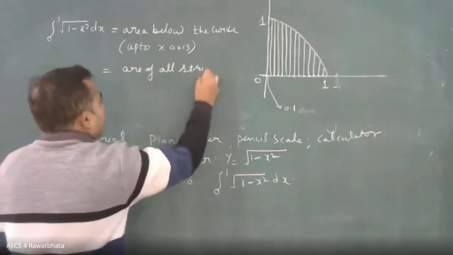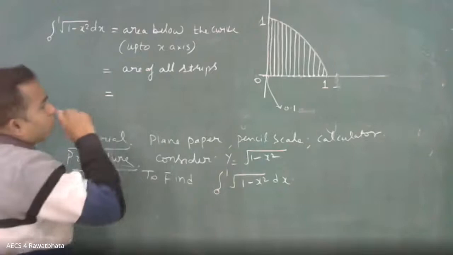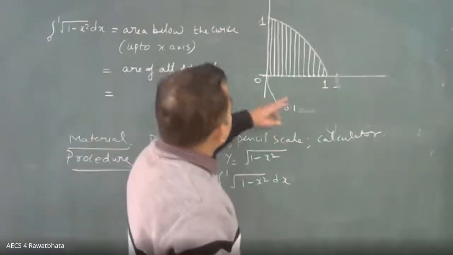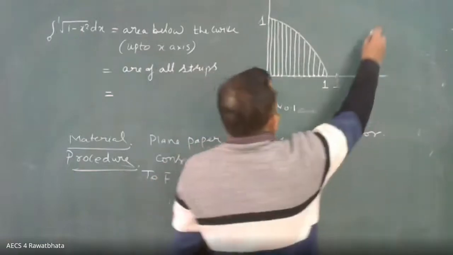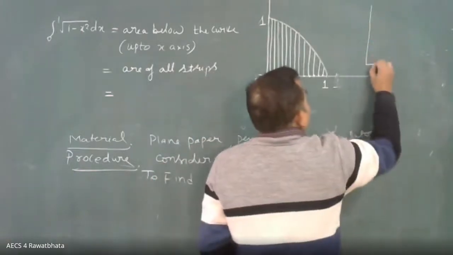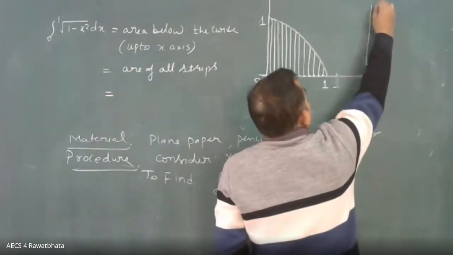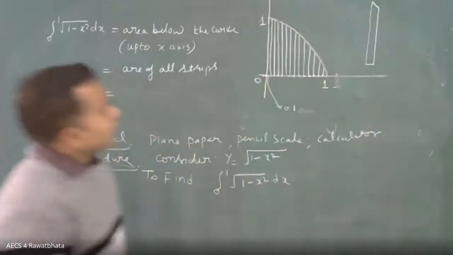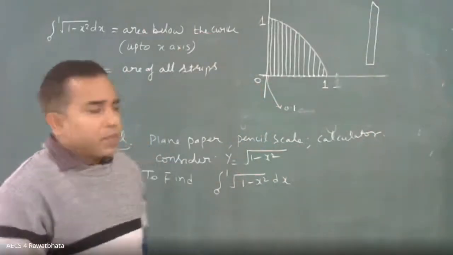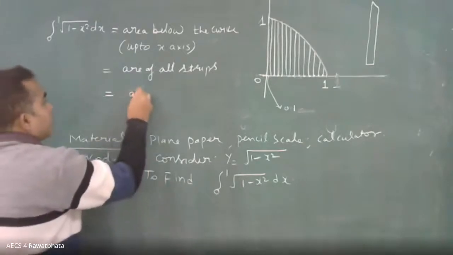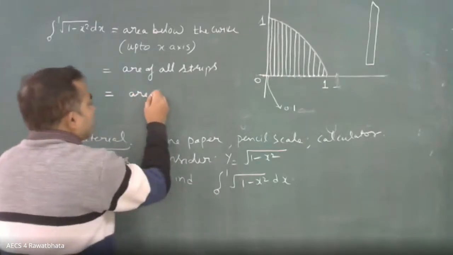So let us find out the area of strips. So the first strip, if you take, right, it will look like a trapezium. If I draw its enlarged version, it will look like this. Are you watching? Right, if you join it, the area will be looking like a trapezium. And these all strips will be trapeziums only.